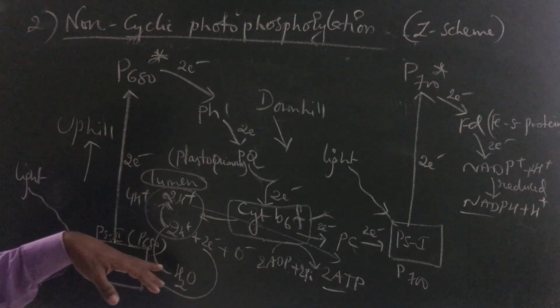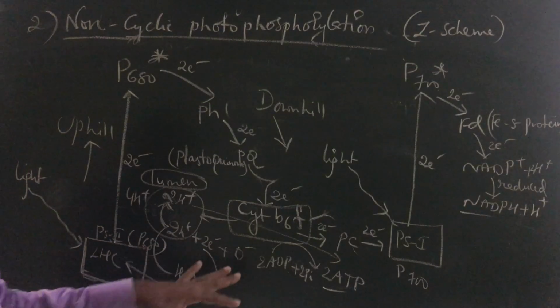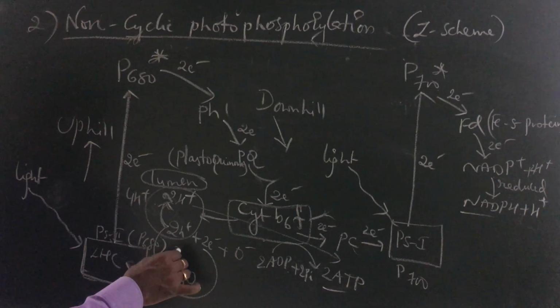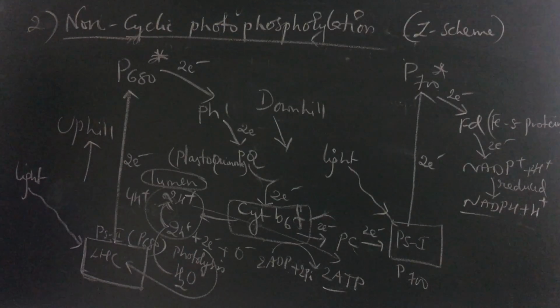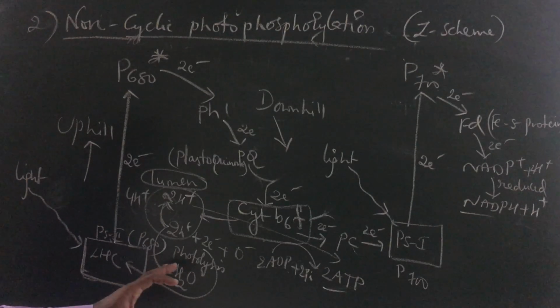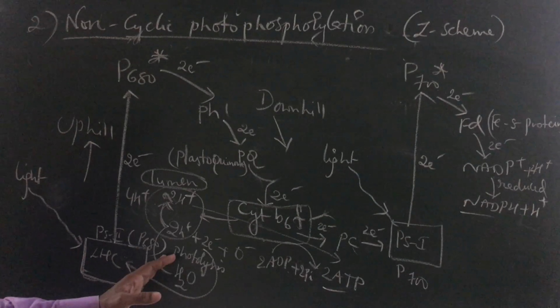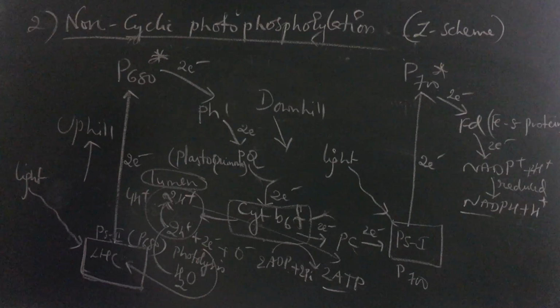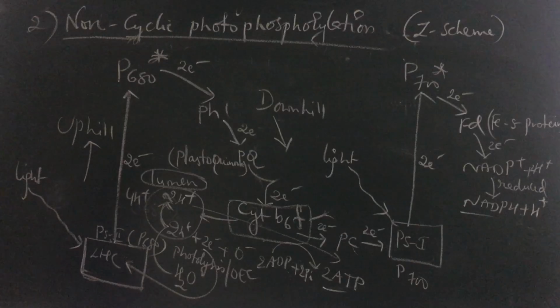So the lost electrons are compensated by the water, which is called photolysis. Note down, photolysis, splitting of water. This complex is called the oxygen evolving complex. So this is present towards which side? Lumen side. And this is called OEC. What is the full form of OEC?